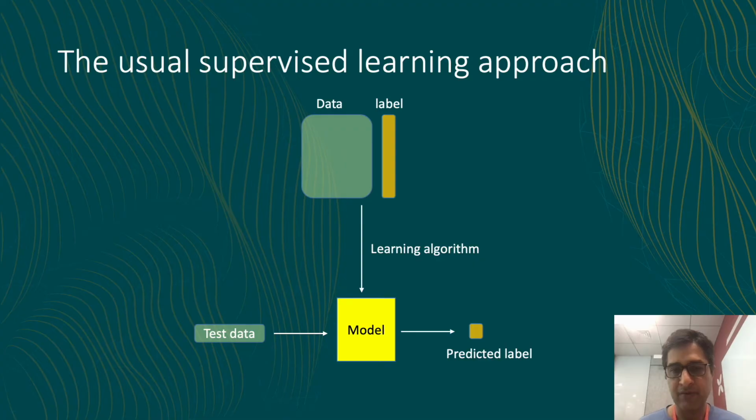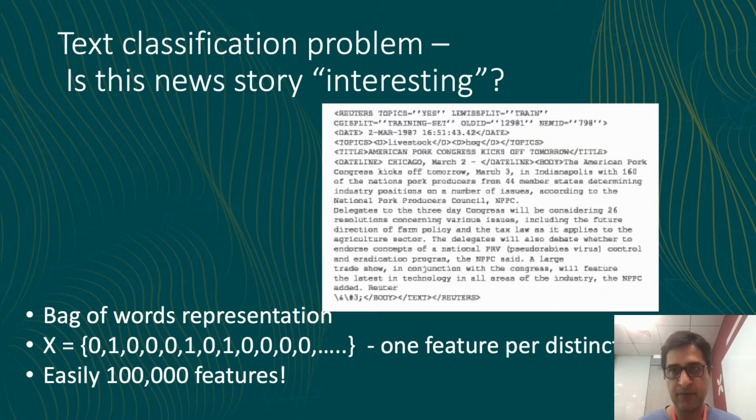But when you have problems where the prediction has to be on the basis of textual data, it tends to get a little out of hand. So, for example, if you have a text classification problem of whether this story is interesting or not, your features would be the bag of words representation.